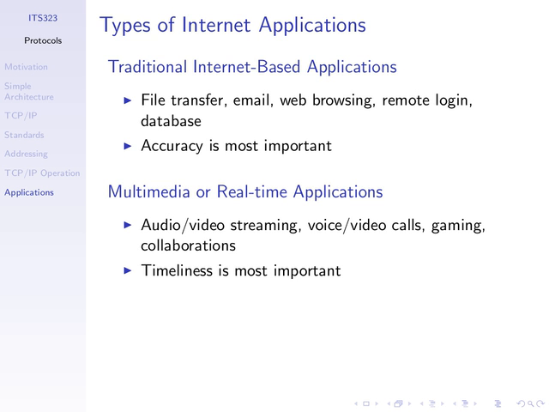Accuracy: if I send a 1,000 kilobyte, a 1 megabyte file from computer A to computer B, then that exact sequence of bits that was sent should be delivered at computer B. What was received should be the same as what was sent. That's 100% accurate. That's what we need in these applications. If I transmit a web page from computer B, what computer A receives should be exactly what was transmitted. 100% accurate.